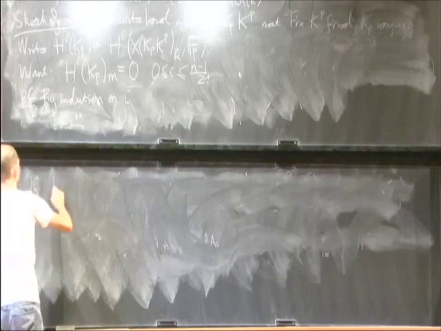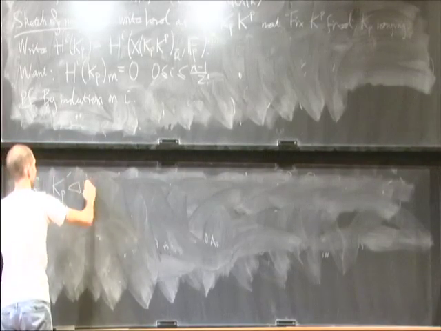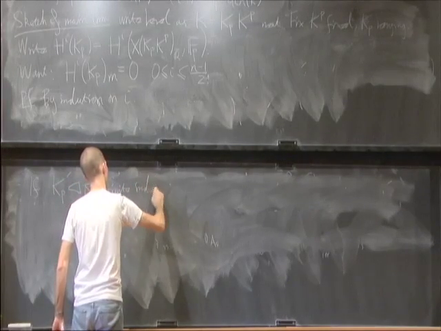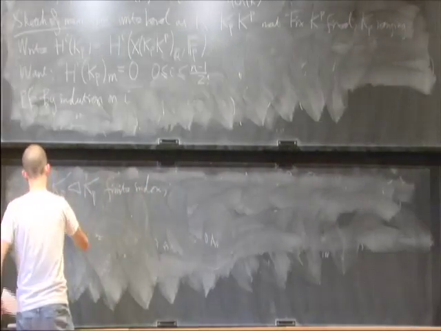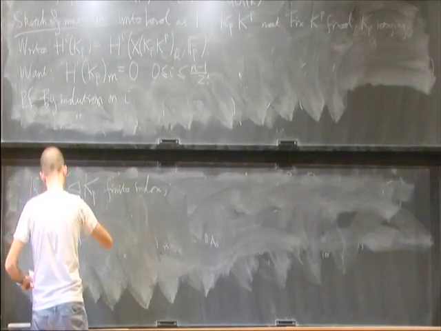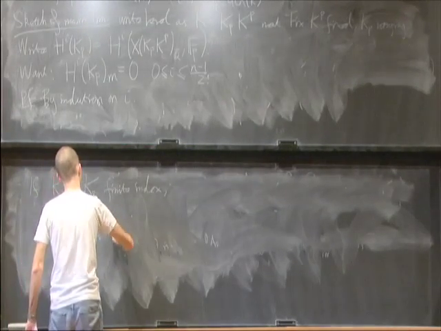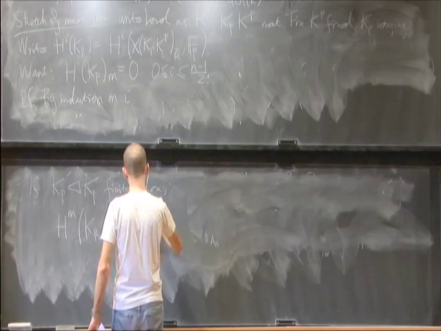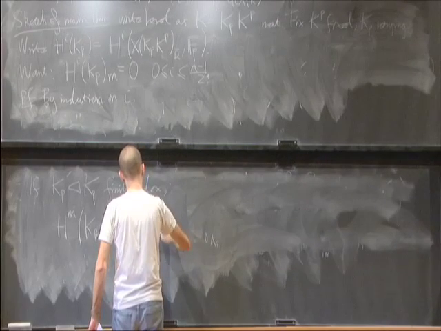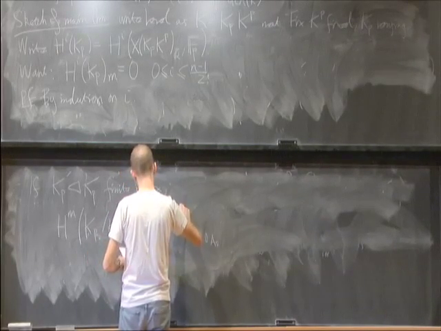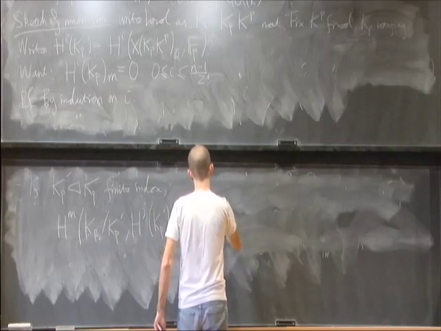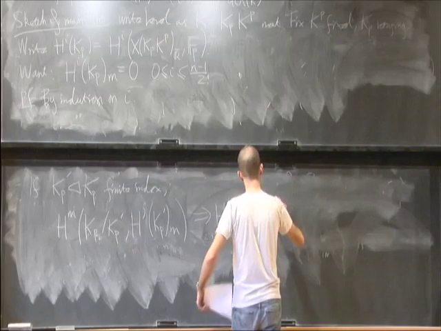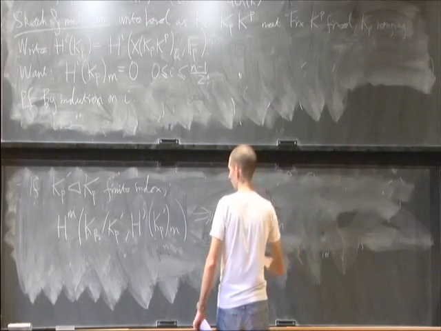If I pass to a normal subgroup of finite index, then I have this usual spectral sequence to compute the cohomology at level K_p in terms of K_p primed, abutting to H^(i+j) of K_p.